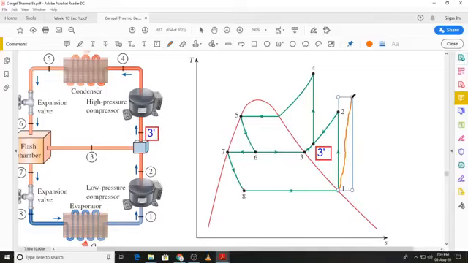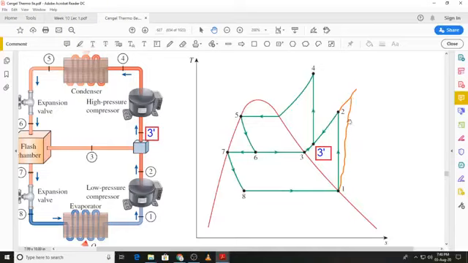We will continue with it where it intersects the constant pressure line. So the constant pressure line will be somewhere like this. That is the actual process that you will have.